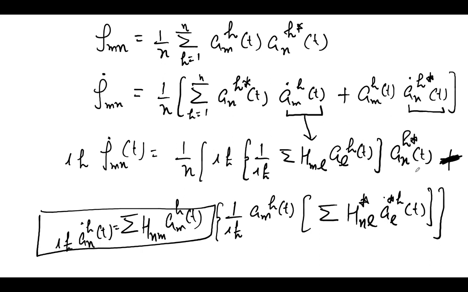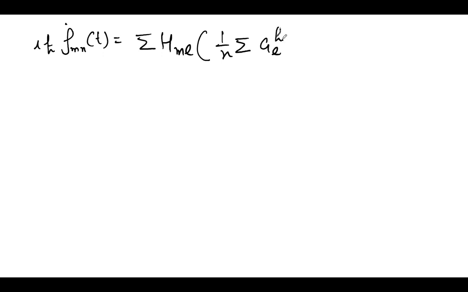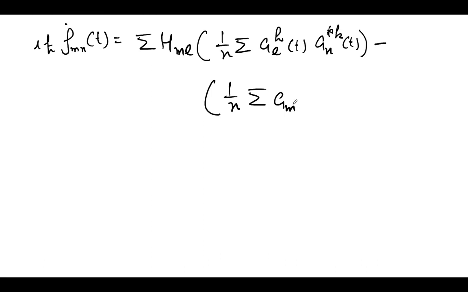Now solving this equation, what I get is iħ ρ_mn(t) equal to summation of Hermitian operator H_ml into 1 over N summation of a_lk(t) a_nk*(t), minus 1 over N summation of a_mk(t) a_lk*(t) into Hermitian H_ln.